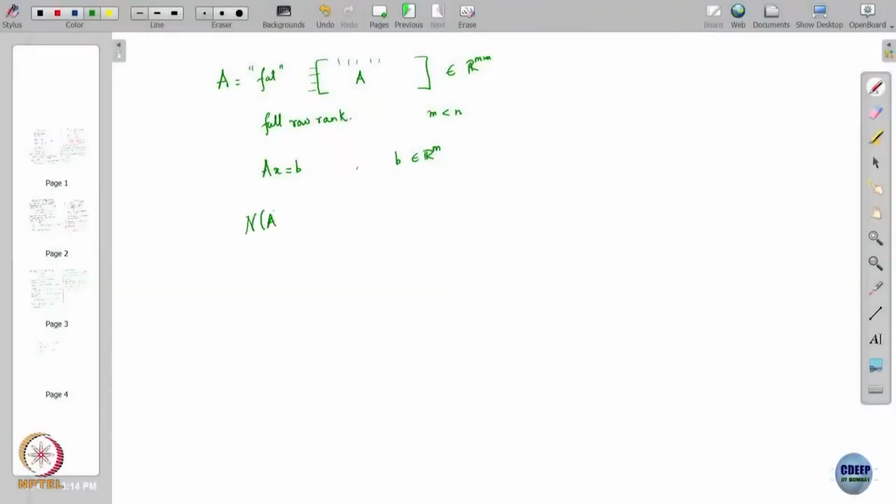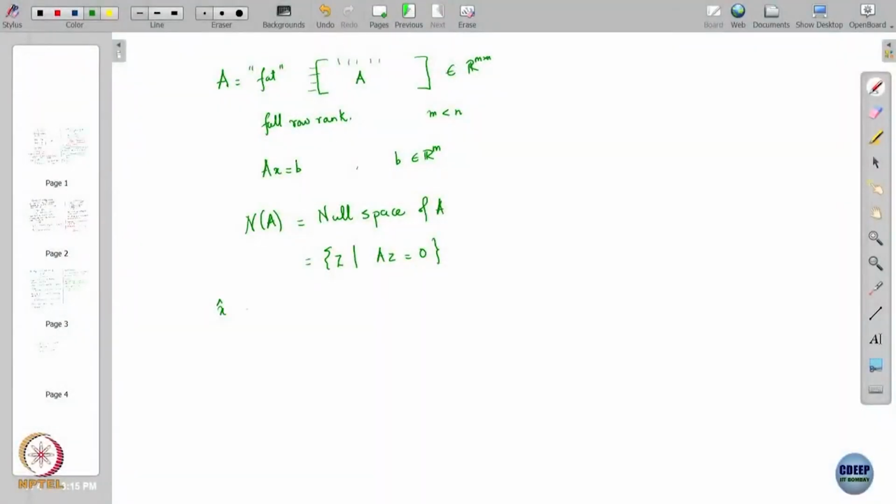So, you can easily of course solve for this, and in fact, you will get not one but infinitely many solutions. Why infinitely many? Because a fat matrix like this will always have a null space, right. So, the null space of A is the set of z such that Az equals 0. This is an entire subspace of R n, right.